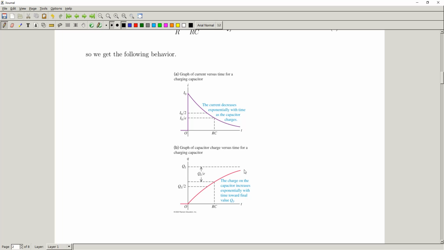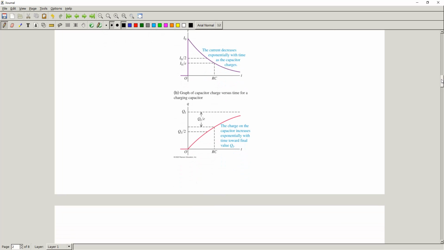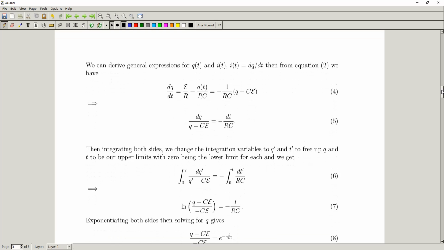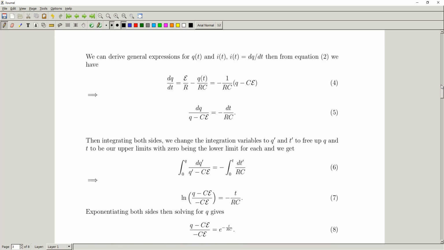Okay. Now we want to really generate the equations that give us these plots, and that's the next step that we're going to work on here. We can derive the general expression for Q of t and I of t. We're going to start out by looking at I of t.